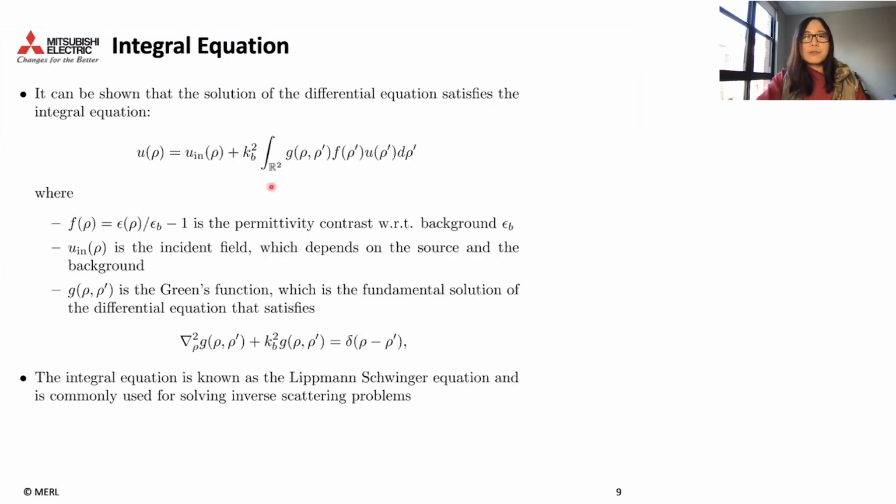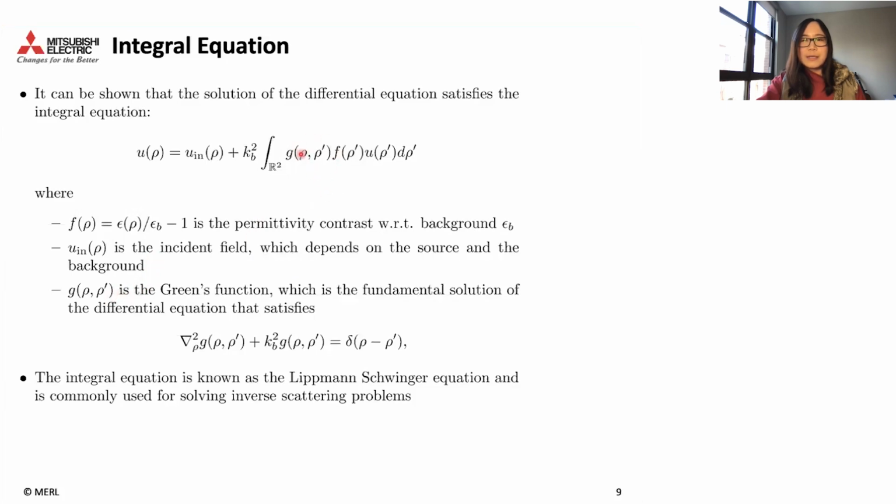And it can be shown that the solution of that differential equation satisfies this integral equation. Here, this F is called the permittivity contrast. It's essentially the difference with respect to whatever we consider as the background permittivity. And this U_in is the incident field, which depends on the source and also the background.